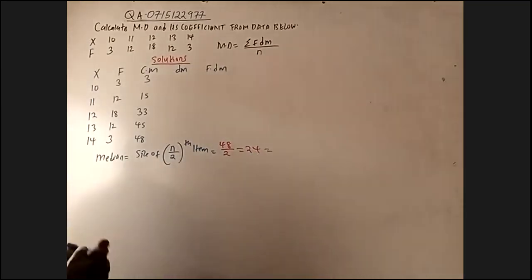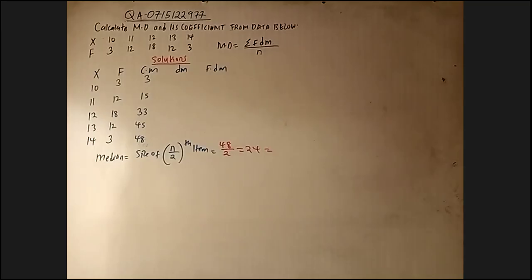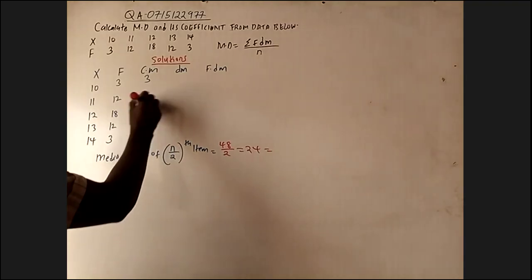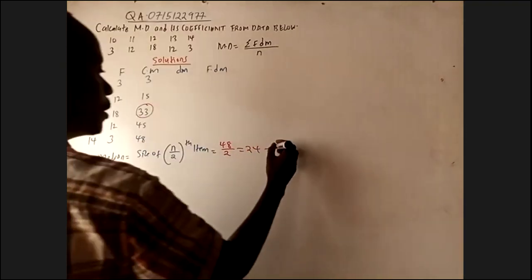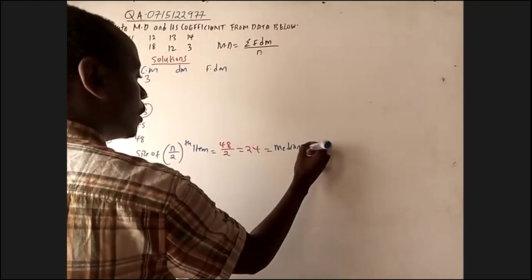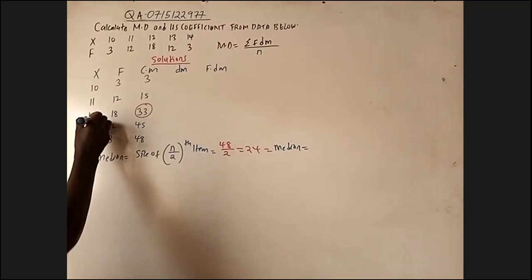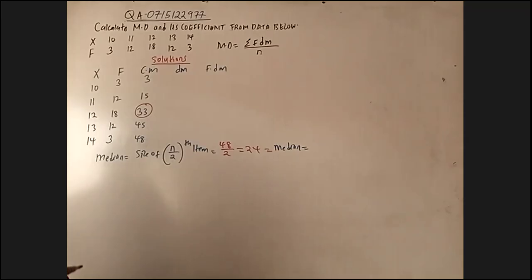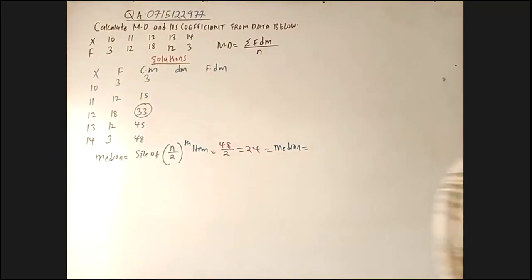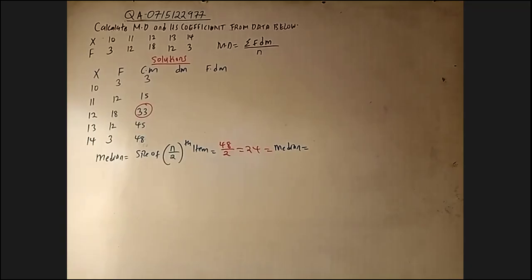Now what's our median? Where does it lie? It lies here in the cumulative. So our median is how much? Yes, our median is 12.